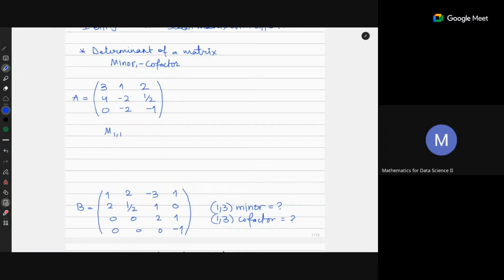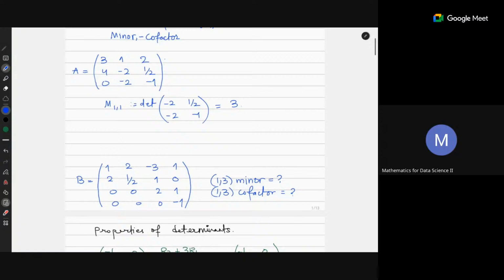This is the notation for minor. So the minor is precisely the determinant of the submatrix after removing the first row and first column, and the answer to this determinant is 3.